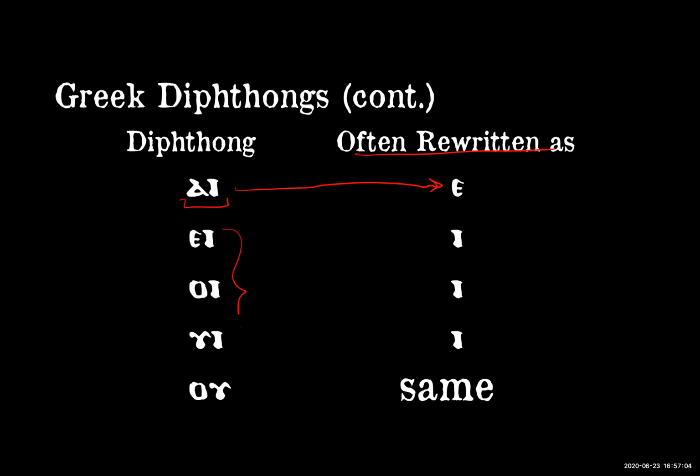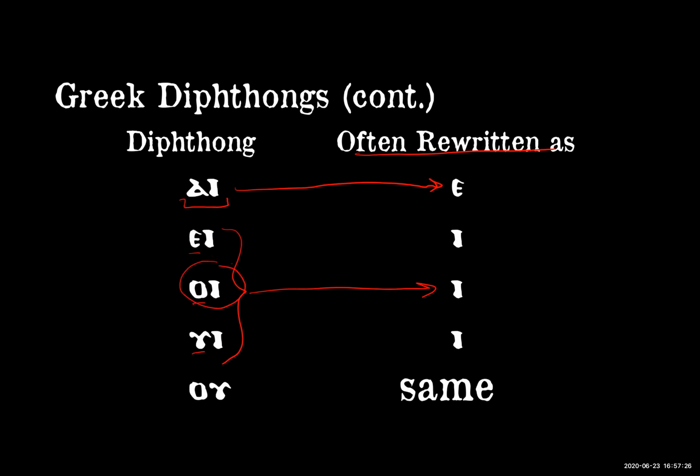These three, if you have this letter, or this letter before iota, all three, they all become an E sound. E, E. They all become E. And they're usually rewritten to be E, but not always. I think most common, this one, well, sometimes it is.